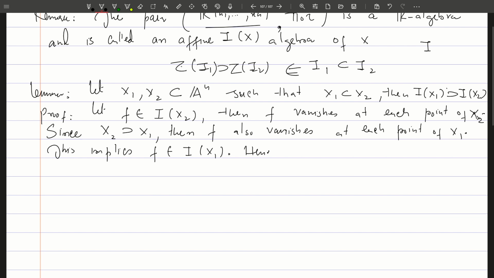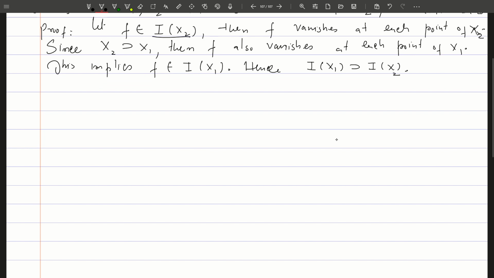Hence, we chose this f in I of X2, and we ended up showing f is in I of X1. So hence I of X1 contains I of X2. So this I is also a decreasing function.